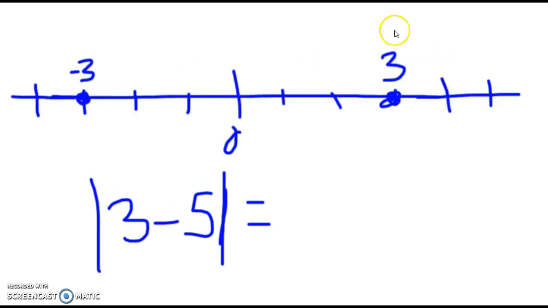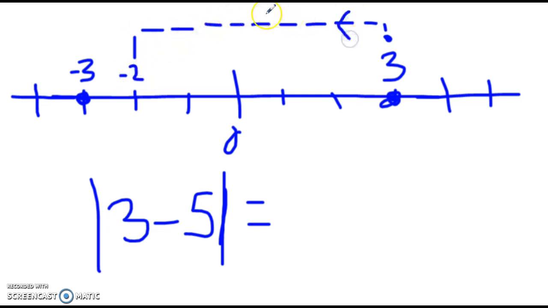We're starting at 3, and this is what we've done before, way back at the beginning of the year. 3 minus 5. I'm counting units: 1, 2, 3, which gets me to 0, 4, 5. I'm going to draw little arrows in there so I know which direction I was going. 3 minus 5 gave me negative 2.